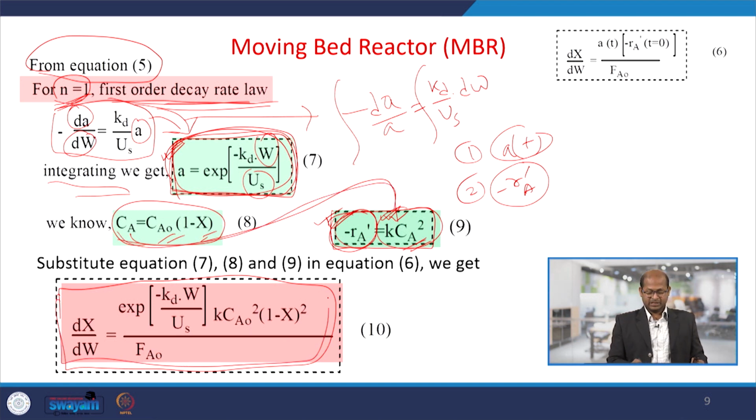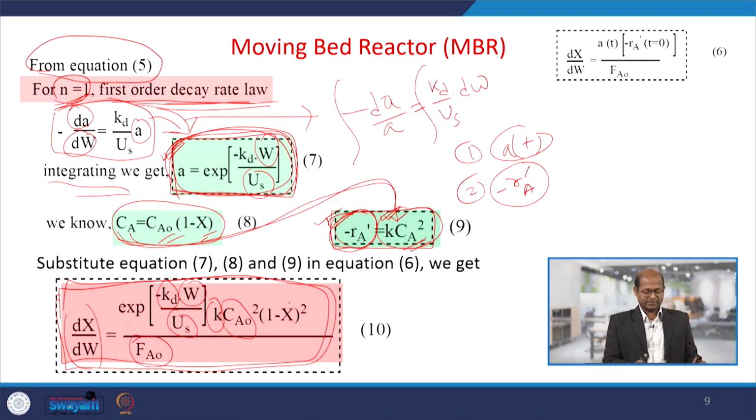So, this is the design equation for the moving bed reactor, considering the deactivation rate constant, reaction rate constant, catalyst weight, movement or velocity of the catalyst, and initial concentration of the reactants, if we know the molar flow rate of component A. These are the component values we can provide.